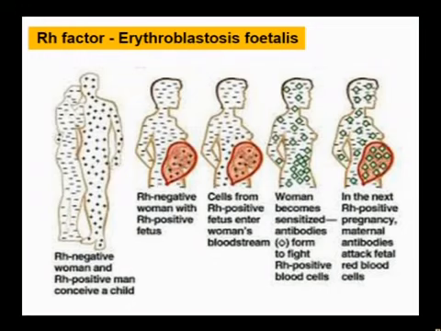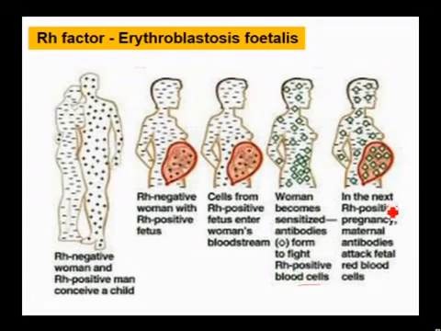But in course of time, what happens? These antigens would have entered into the female's blood. The woman becomes sensitized, and antibodies form to fight RH positive blood cells.